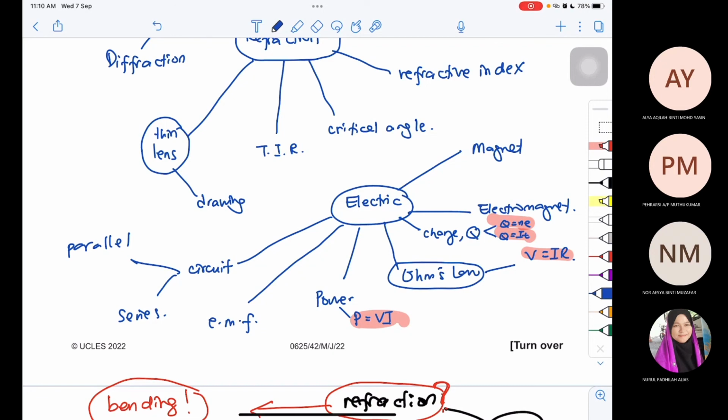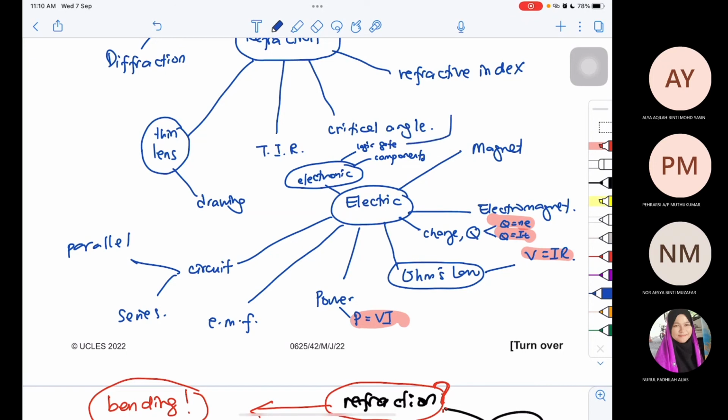And another one, apa yang kita tak mention lagi? Electronic. So this electronic is another large topic. Electronic itself. You kena tahu the components and the gate, logic gate.